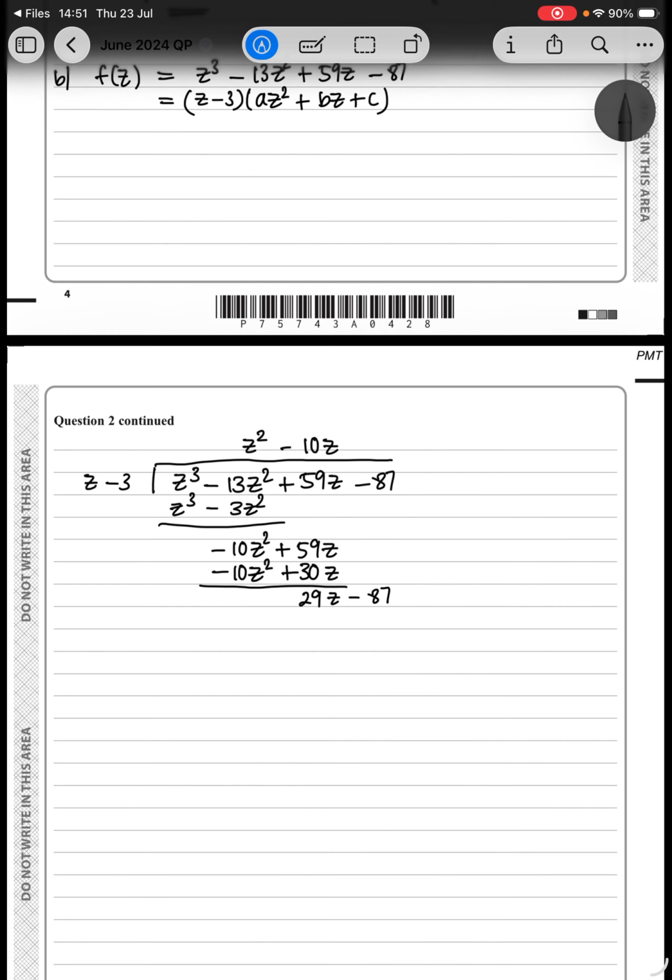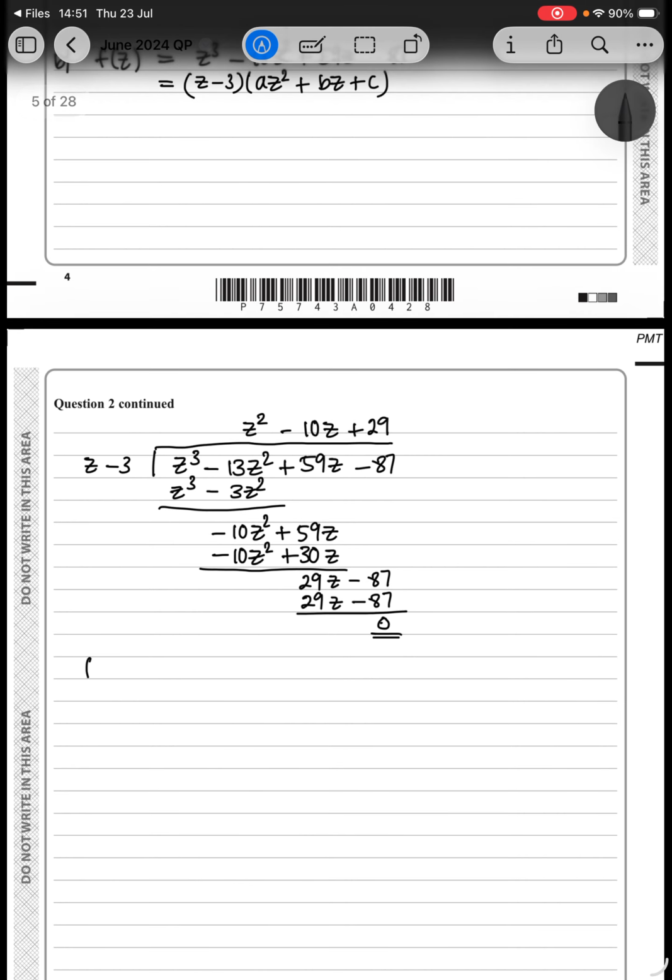We bring down the minus 87. We multiply by a plus 29 to get 29z, and then minus 3 times 29 is minus 87. We subtract and get a 0.